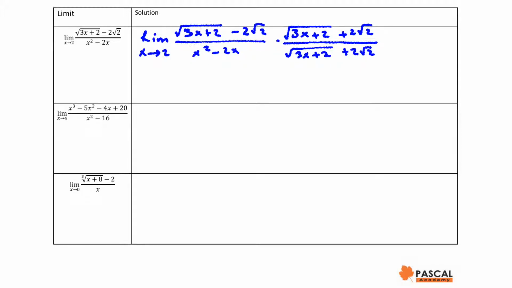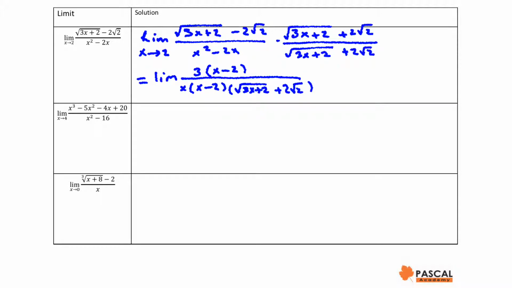If we multiply the numerator, we use the difference of squares: 3x plus 2 minus 8, which is 3x minus 6. We factor 3, so the numerator becomes 3 times x minus 2. The denominator can be written as x times x minus 2 times the square root of 3x plus 2 plus 2 root 2, as x approaches 2.